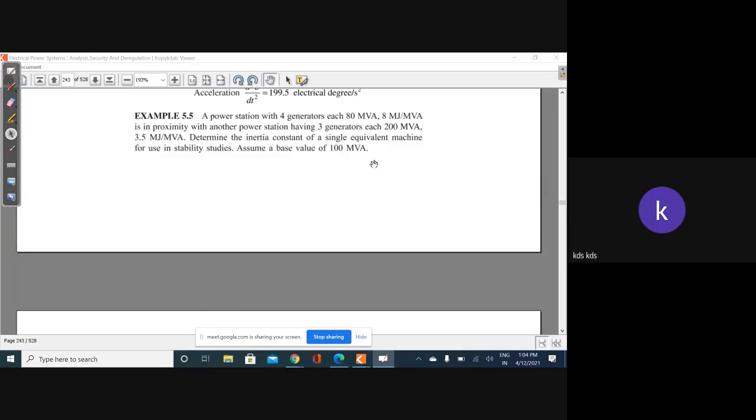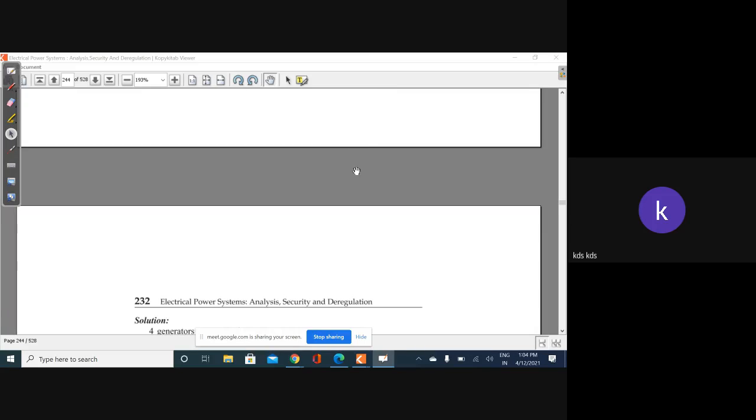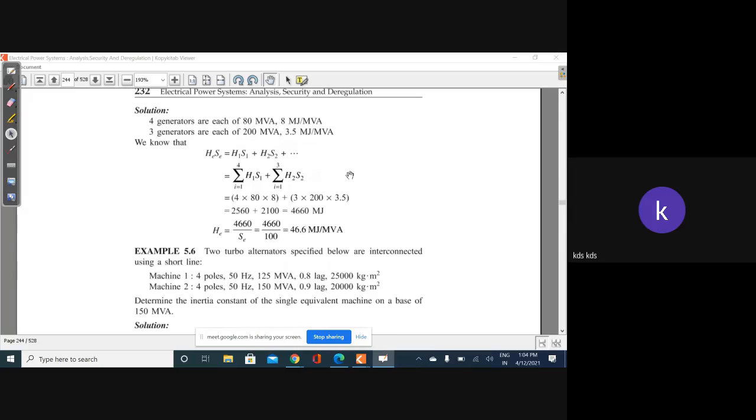Generally, the base is considered to be 100 MVA for any power system. Otherwise, if it is specified, you have to take that base. Otherwise, 100 MVA is the most commonly used value.